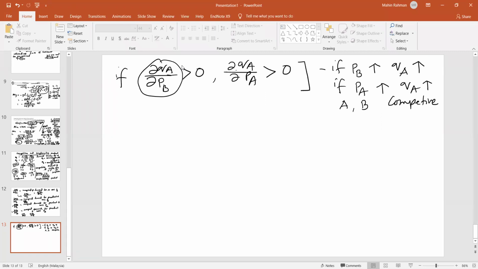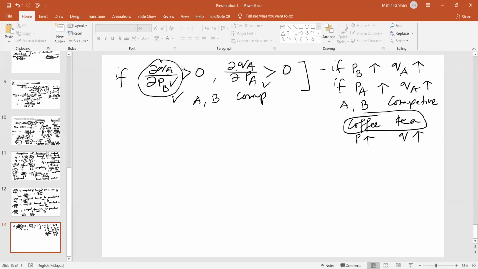For example, as I mentioned just now, if coffee price increases, the quantity of tea also increases. So when the marginal demand of product A with respect to price of product B and of product B with respect to price of product A are both positive, then A and B are competitive.